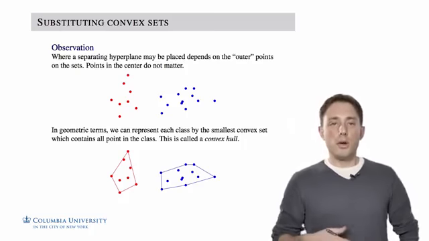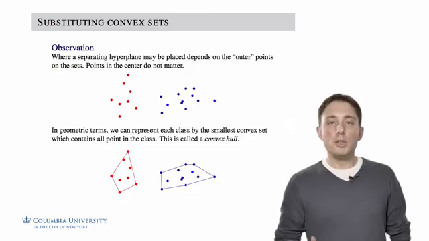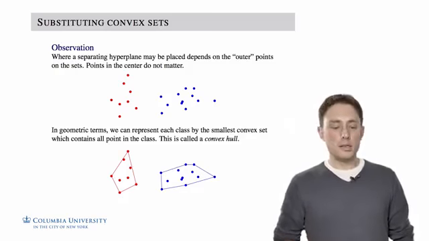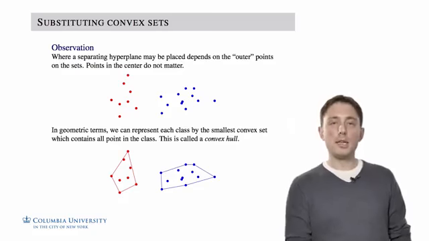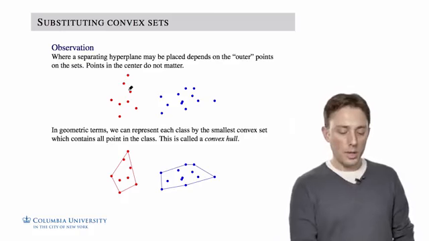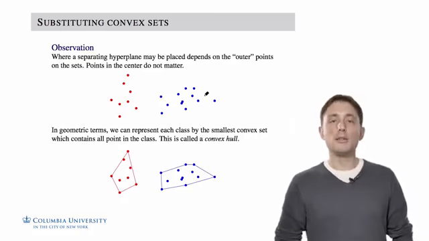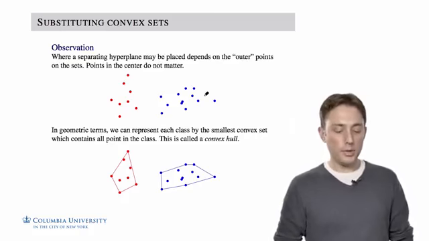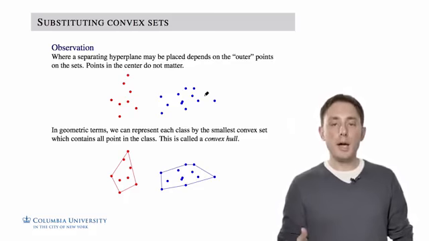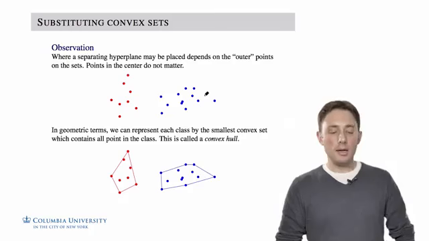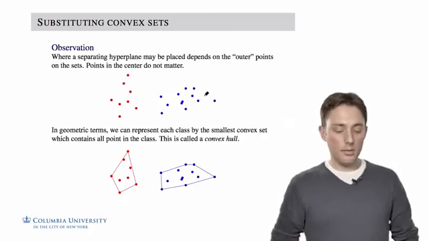So in this lecture, I want to build up some of the intuitions and the mathematical ideas behind max margin classifiers. And the first thing to talk about is convex sets. Let's notice in the context of this data that we've been looking at on the previous two slides that when we want to find a separating hyperplane between these two classes, the placement of that hyperplane only depends on the outer points of the sets.